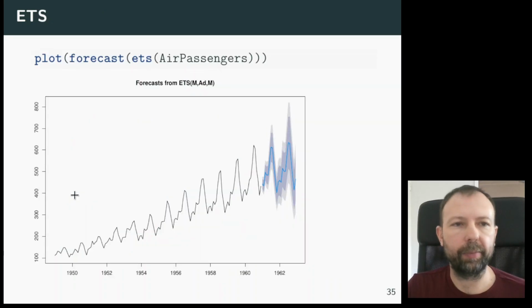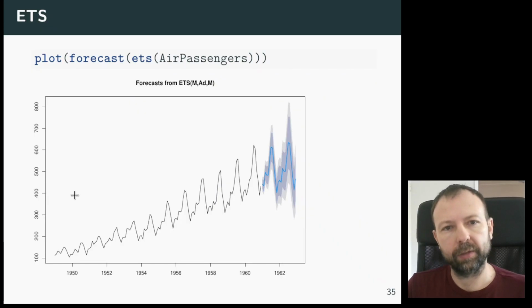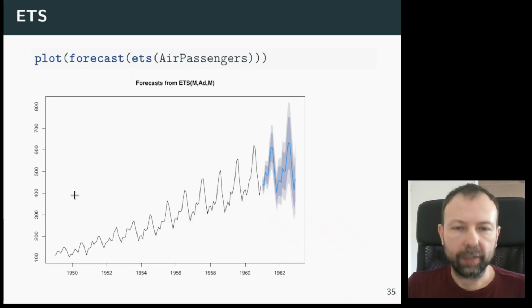To give you an example, again using the forecast package in R on our air passenger series, you just call ETS on the series, then you call forecast, and you call plot, and you get this forecast that looks relatively decent. It has some problems. We get to that in a moment, but yeah, a very easy one-liner to do this forecast.